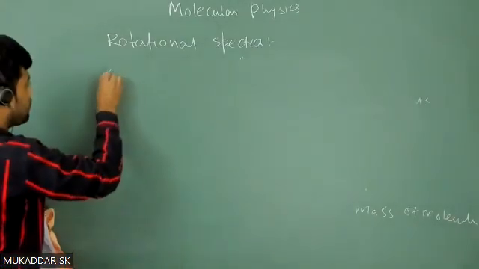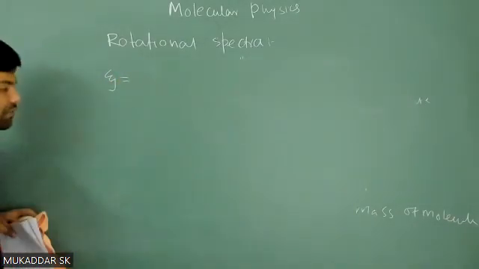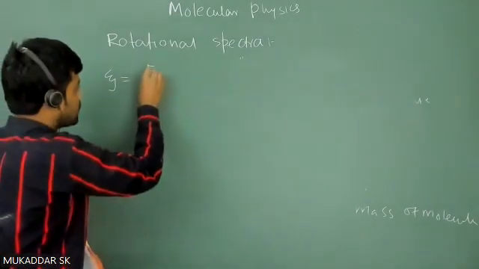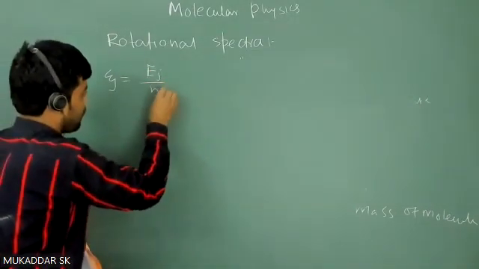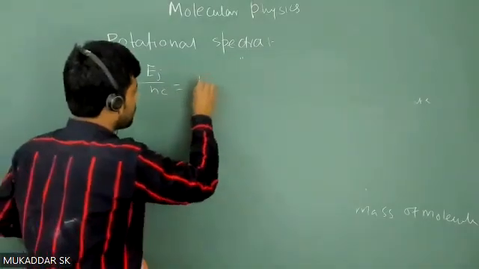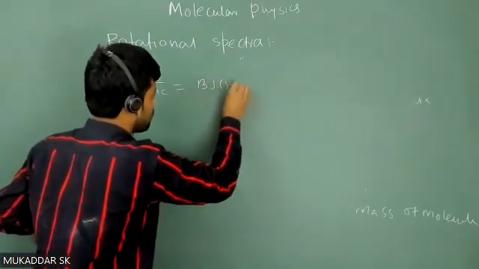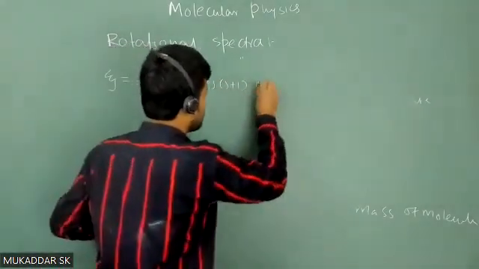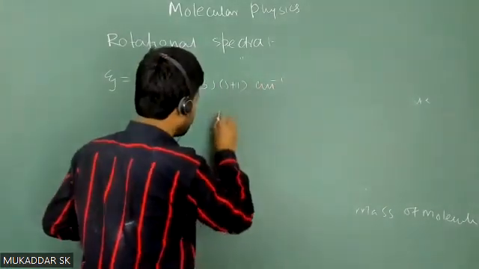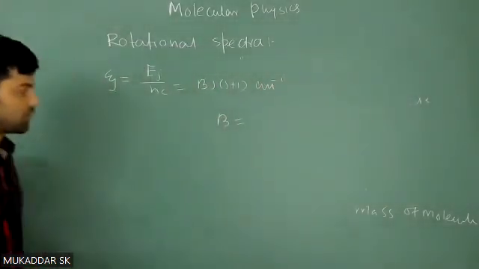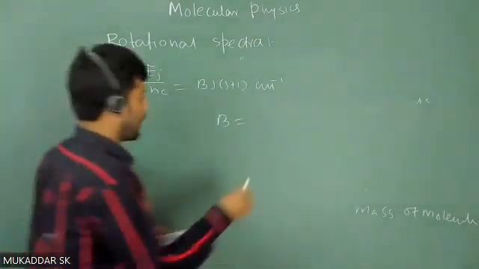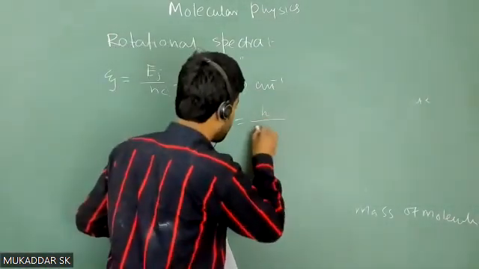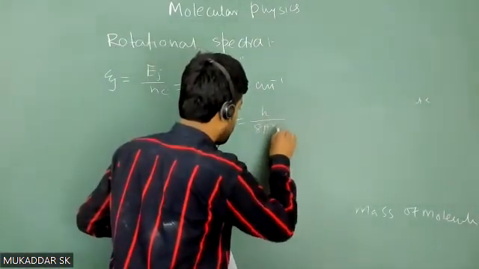So the energy in terms of centimeter inverse, epsilon J, is nothing but EJ divided by hc. And its expression is nothing but B J into J plus 1, right, in centimeter inverse. Where B is called the rotational constant, and that is equal to h by 8 pi square I c.